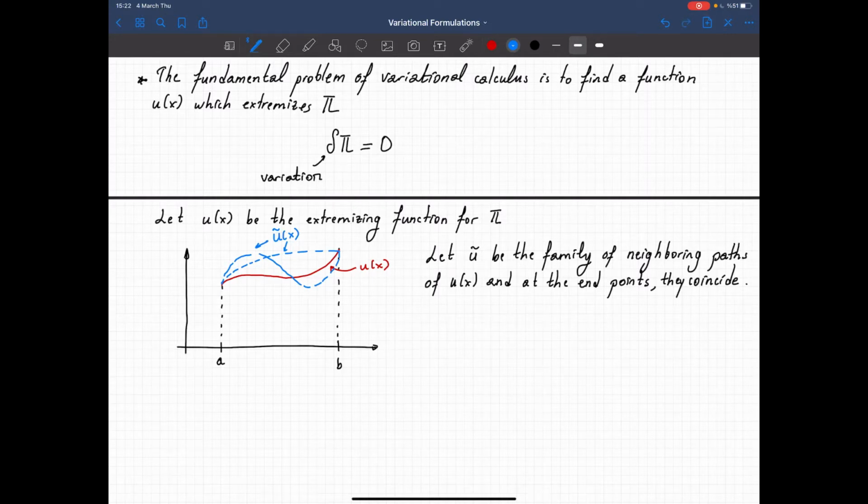If we write the definition of u hat in terms of equations, it is equal to u of x plus a parameter epsilon times another function.